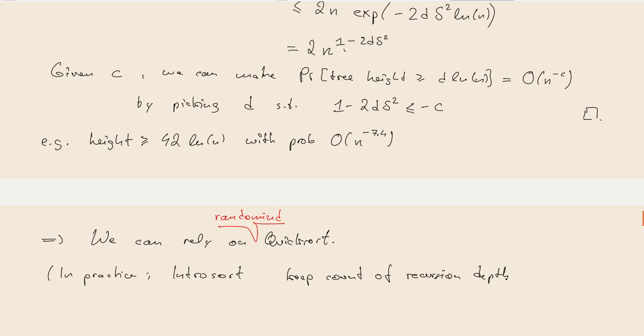And say you start with something like 3 ln n, then you count down whenever you go a recursive step down. And if you reach 0, then you say, oh my god, this must be a bad input, let's just do heap sort. And you abort the recursion. That's what's usually done in practice.